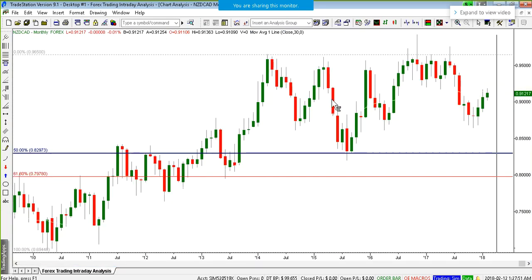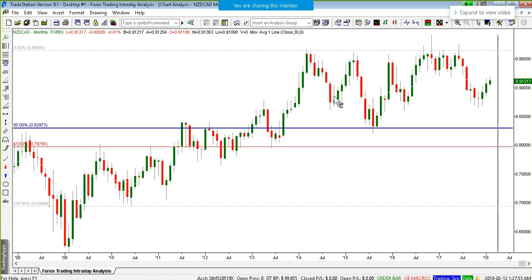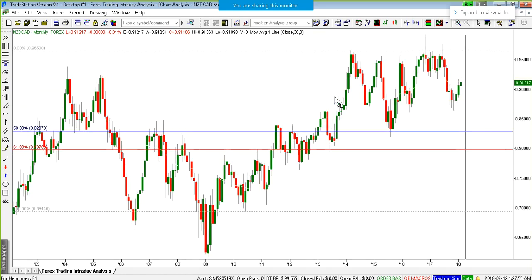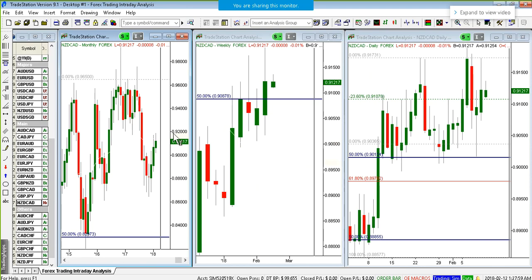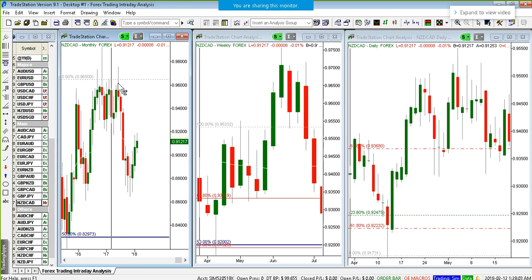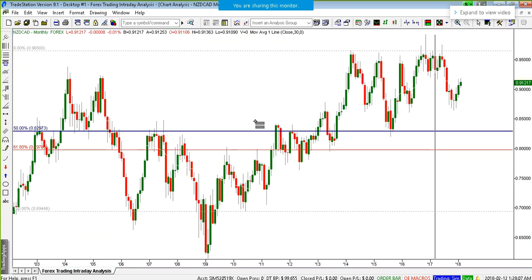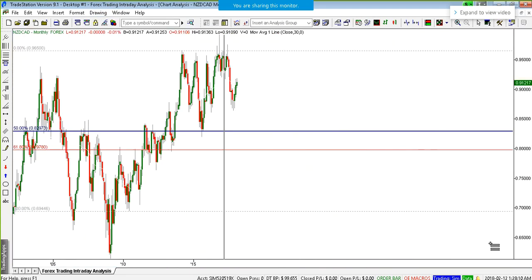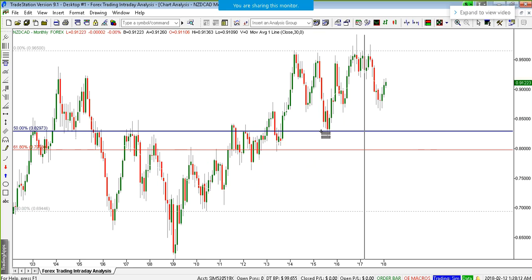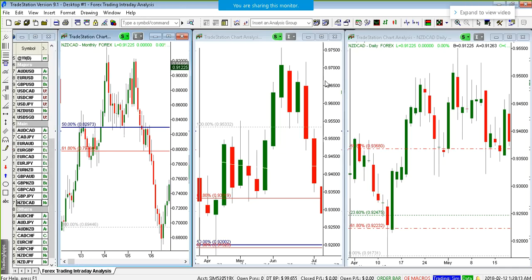This market is actually trading laterally here, and it is not impossible for this market to trade into the 82.97, 83 level. Okay, and this is a range, so it's very possible for this market to retest that level.